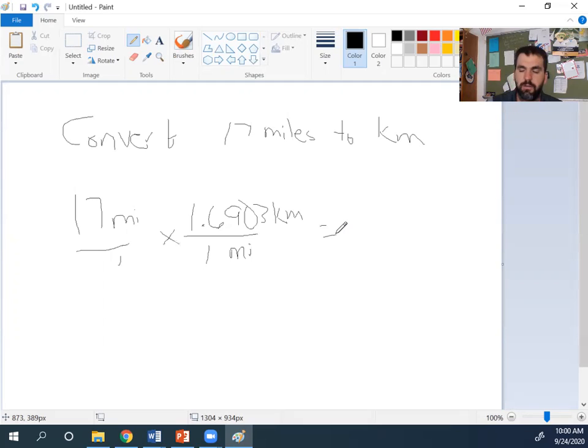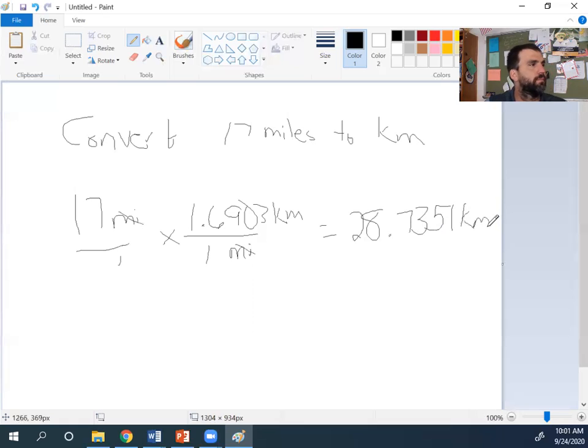And now my miles cancel, and am I multiplying or dividing in this one? No, I am multiplying. So I'm going to do 17 times 1.6093, and my calculator answer is equal to 28.7351 kilometers.